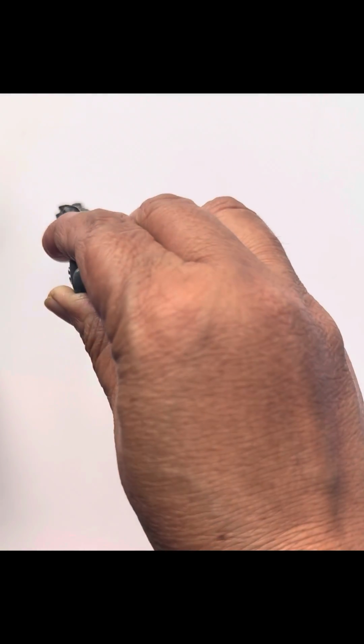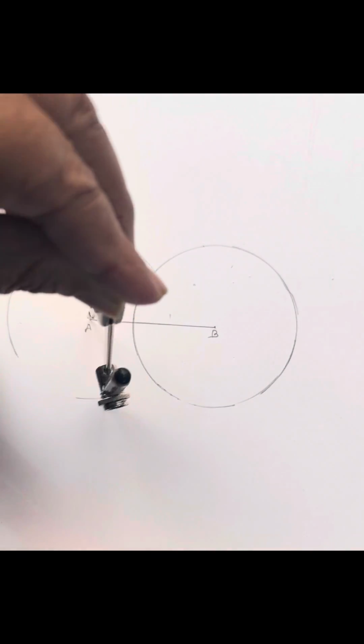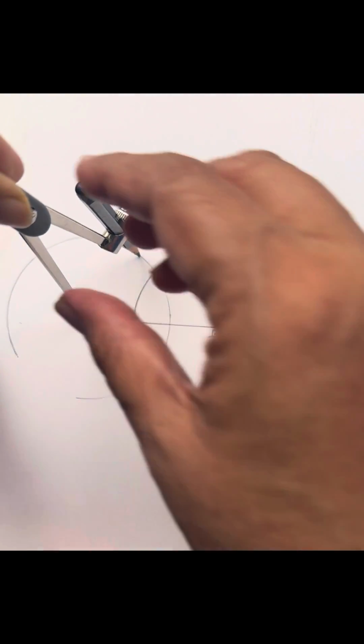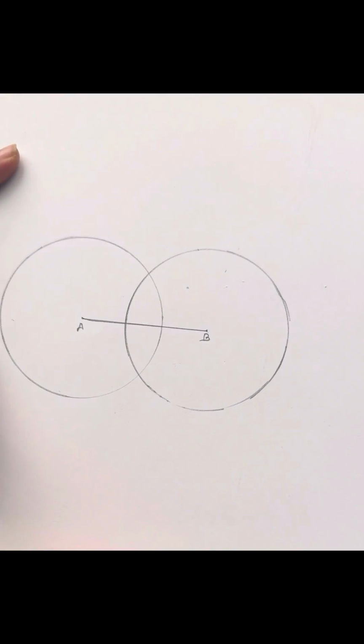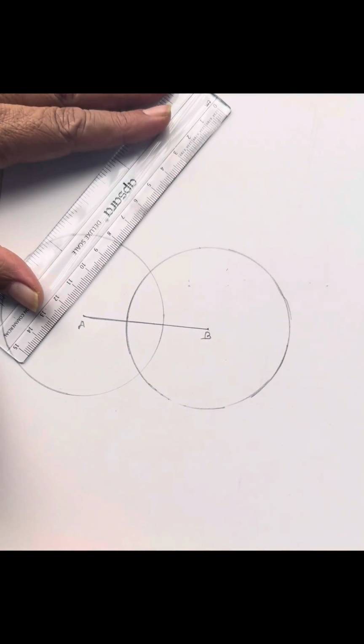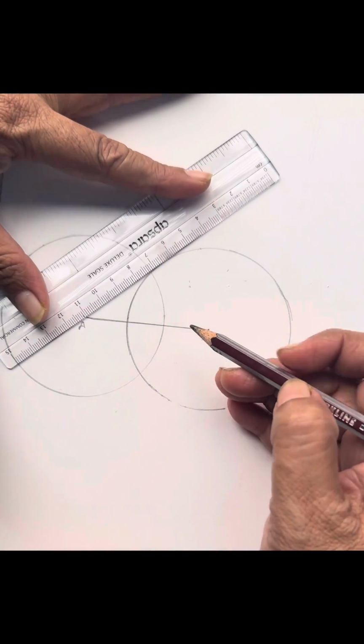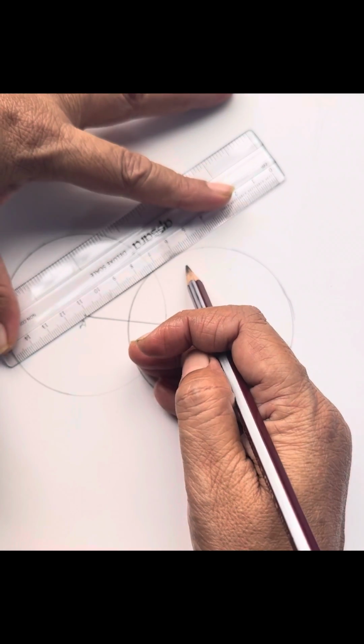Now since the other side is also 4, using the same radius we can make another circle, right? So where these two points meet, the two arcs meet, you can draw a line.